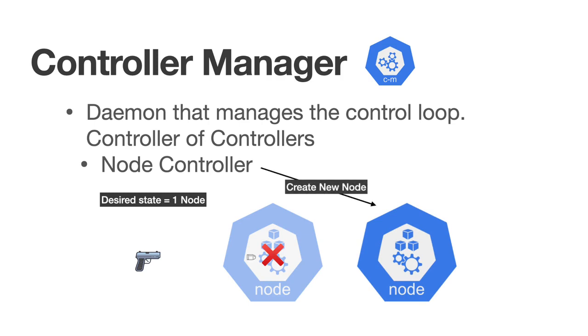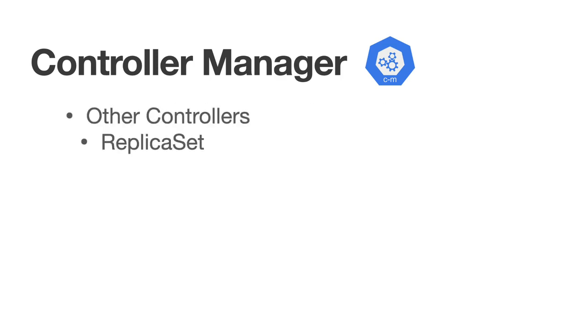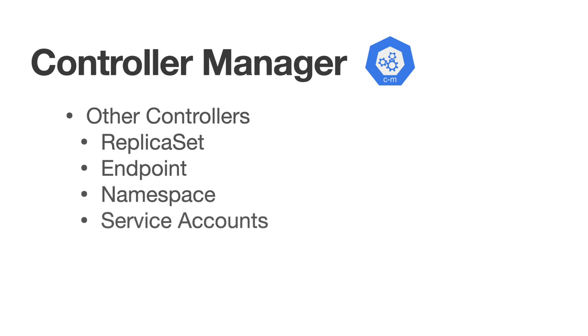So this is the purpose of the node controller. We have other controllers such as the replica set, which is responsible for ensuring that we have the correct number of pods running. We have the endpoint controller, which assigns pods to services, namespace, service accounts, and others.